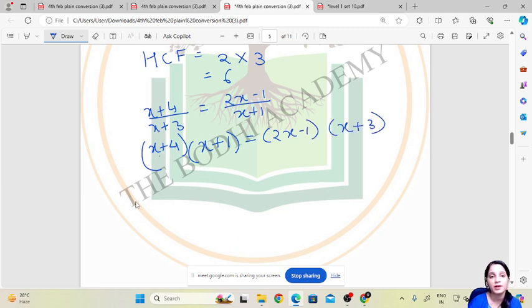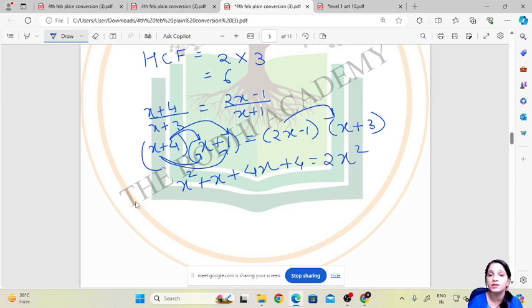So x into x, first x into x, then x into 1, so x square plus x. Then 4 into x is 4x, and 4 into 1 is 4. Sorry, 2x into x is 2x square, 2x into 3 is 6x, minus 1 into x is minus x, then minus 1 into 3 is minus 3.